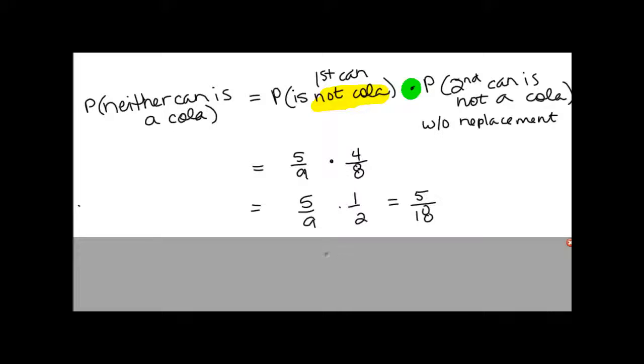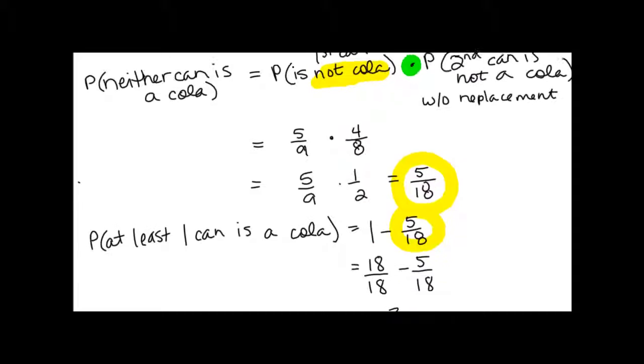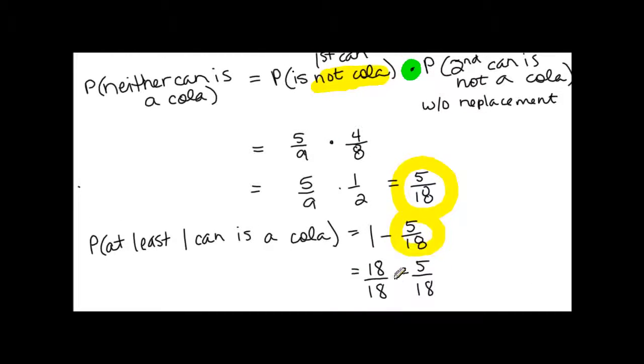Now remember that the goal of this was, once we found the probability that neither can is a cola, we're going to subtract that from 1 so that we can find out what the probability is that at least 1 can is a cola. So 1 minus the 5/18 that we just found, which would be 18/18 minus 5/18 with the least common denominator.